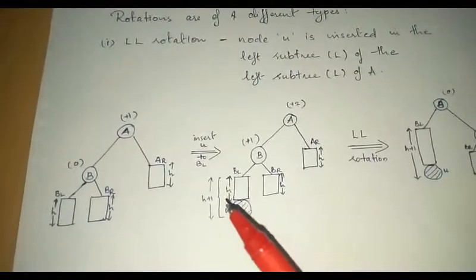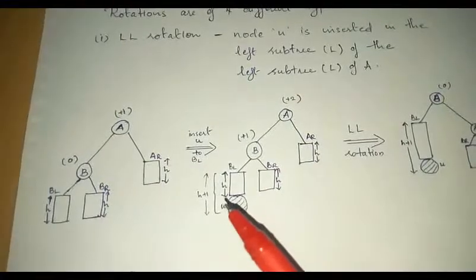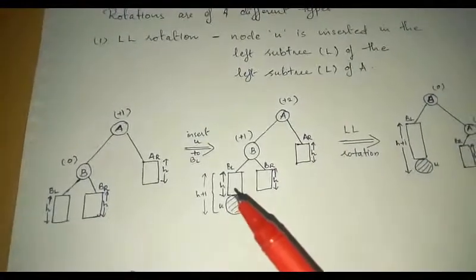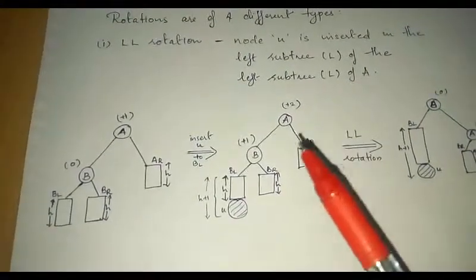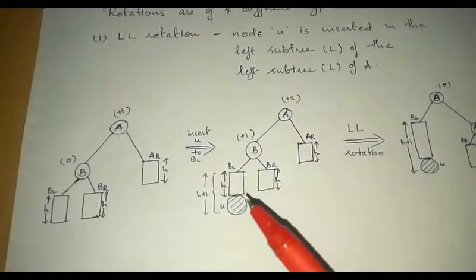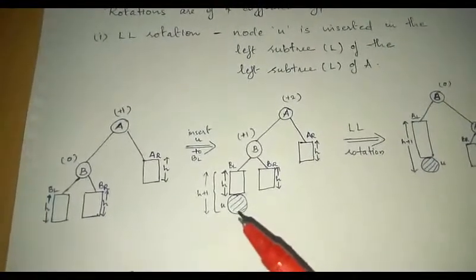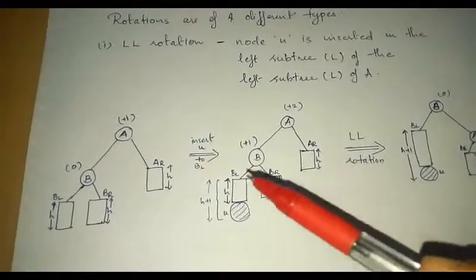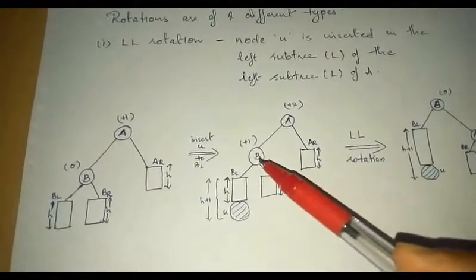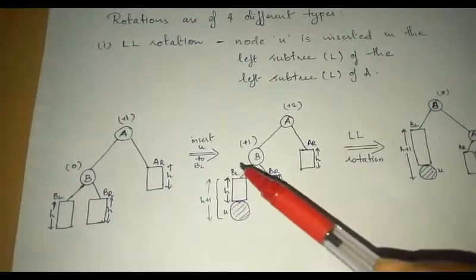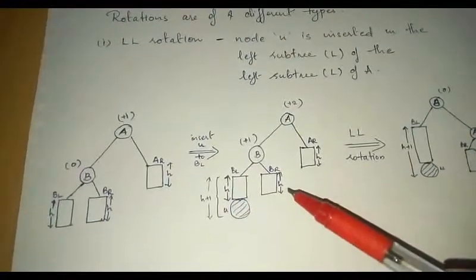That means the balancing factor of B has now changed. So we have to check whether the balancing factors of the nodes have changed and whether the tree has become unbalanced after the insertion of the new node U. Now the balancing factor of B becomes H plus 1 minus H, that is 1.